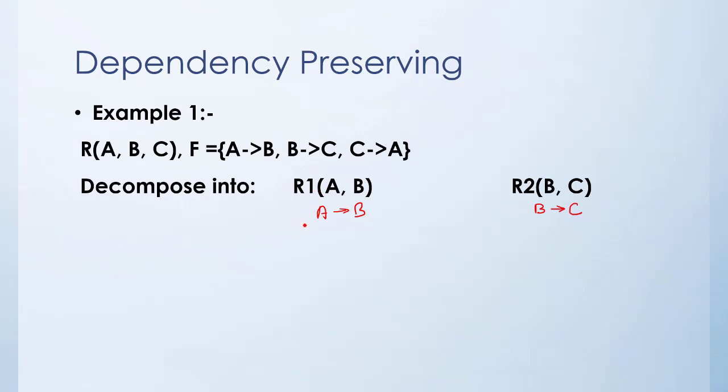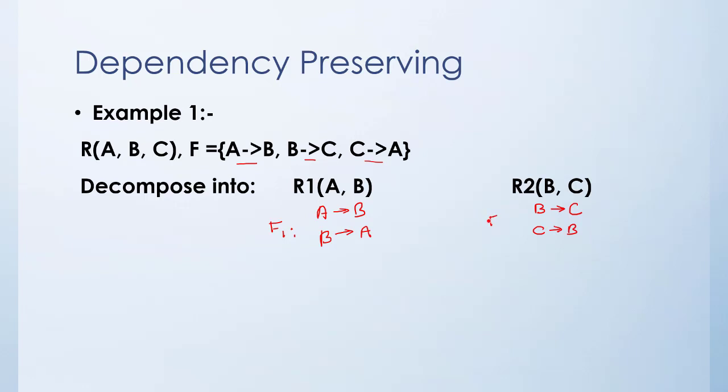Here we directly get A determines B, but if you look closer, B determines C and C determines A in the original set F, so from these two we can also write B determines A. Similarly, in R2 we have B determines C, and C determines A and A determines B, so using the transitive property on the original set F, we can write C determines B. So this will be my F1 and this will be my F2.